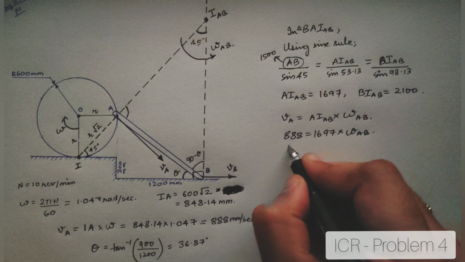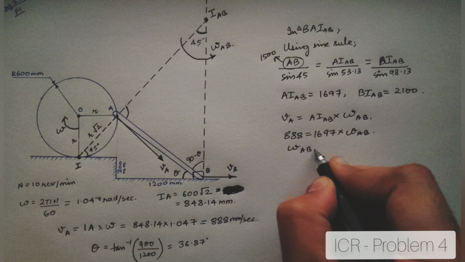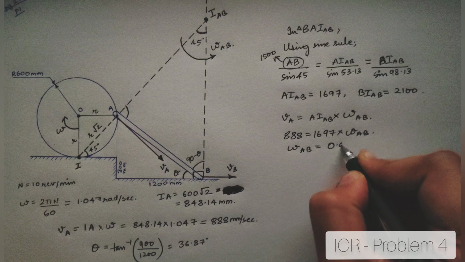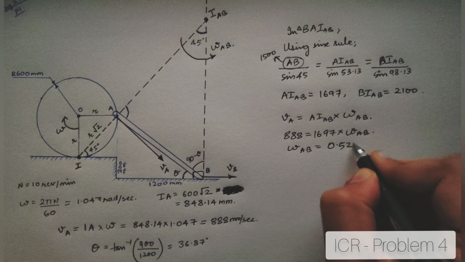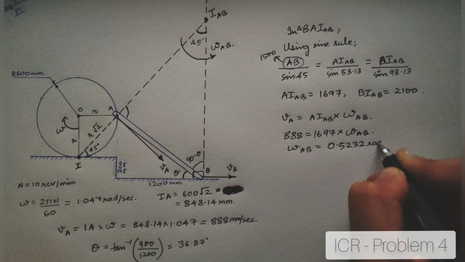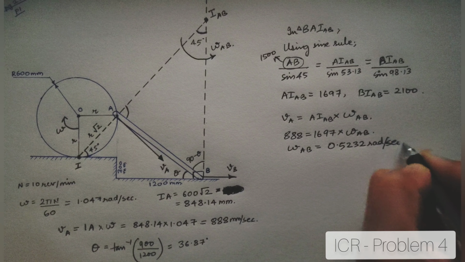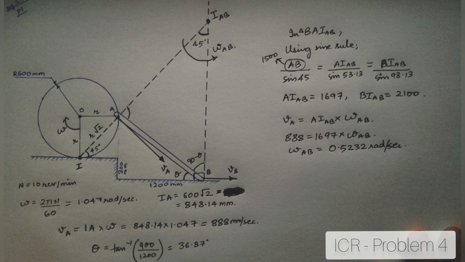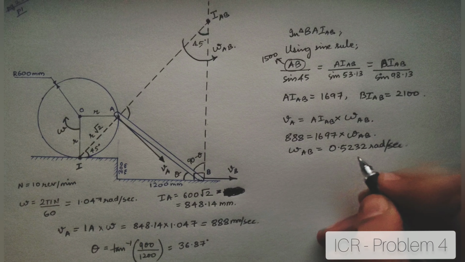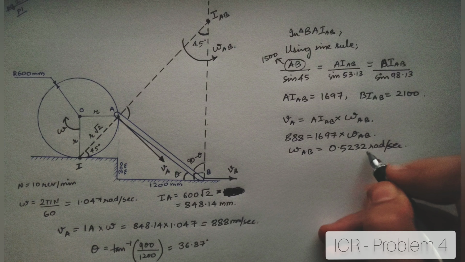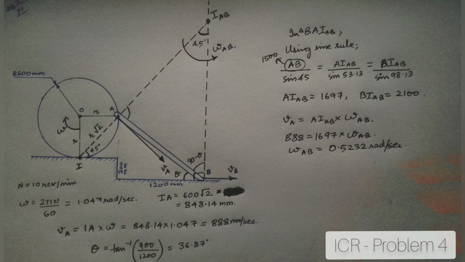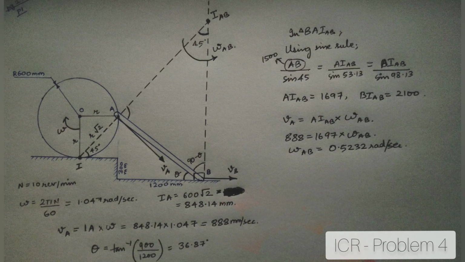So from here omega AB is equal to 0.5232 radians per second. In such cases, you can write omega AB to around 3 to 4 digits when it is in decimals, near to 0.